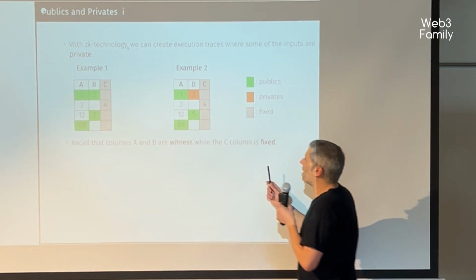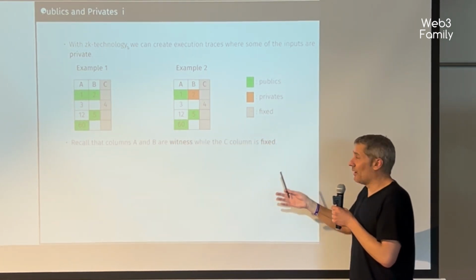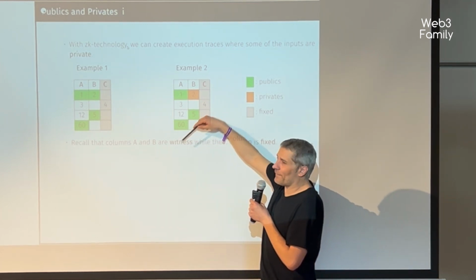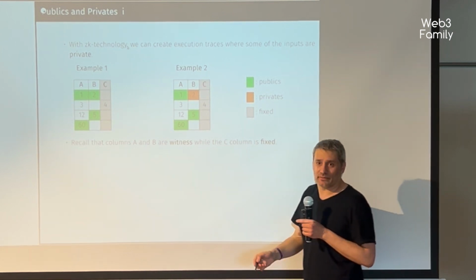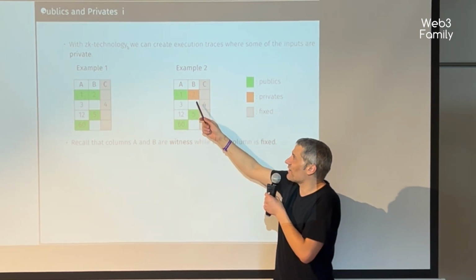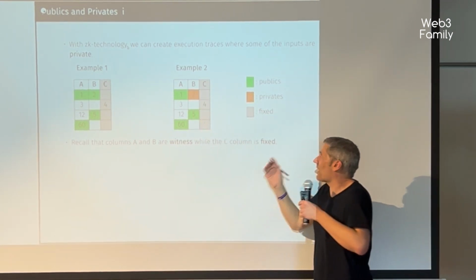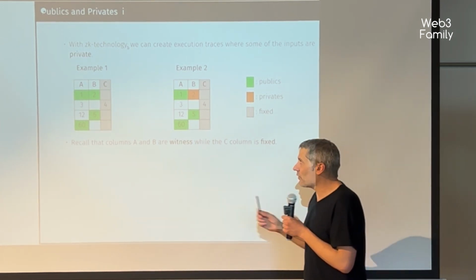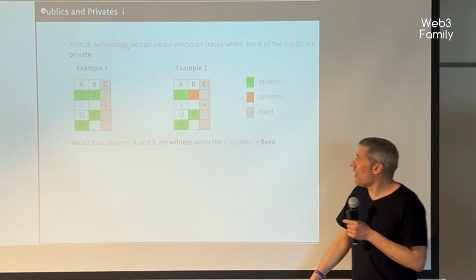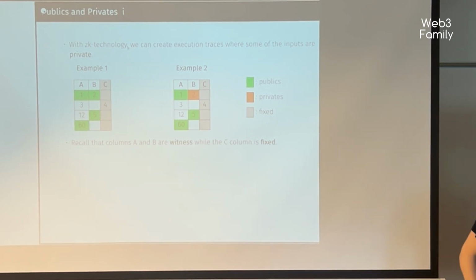But in general, if you use zero knowledge, you could also prove a computation in which some of the inputs are private. For example, arbitrarily, I decided that B0 is private. Zero-knowledge systems allow you to take one of the inputs and make it private.